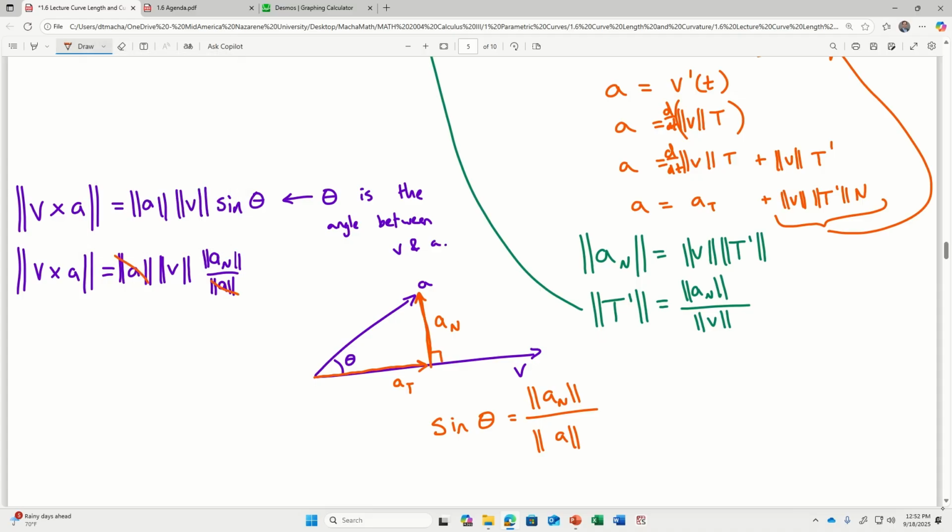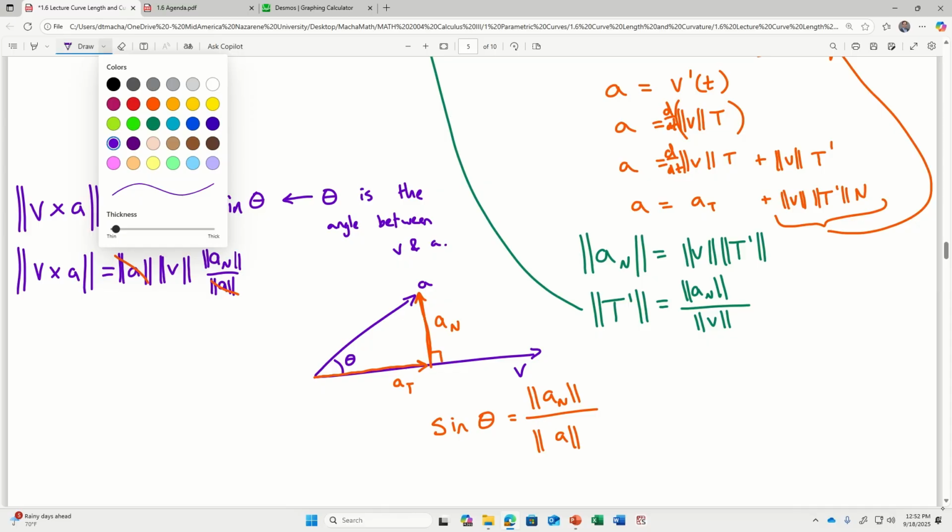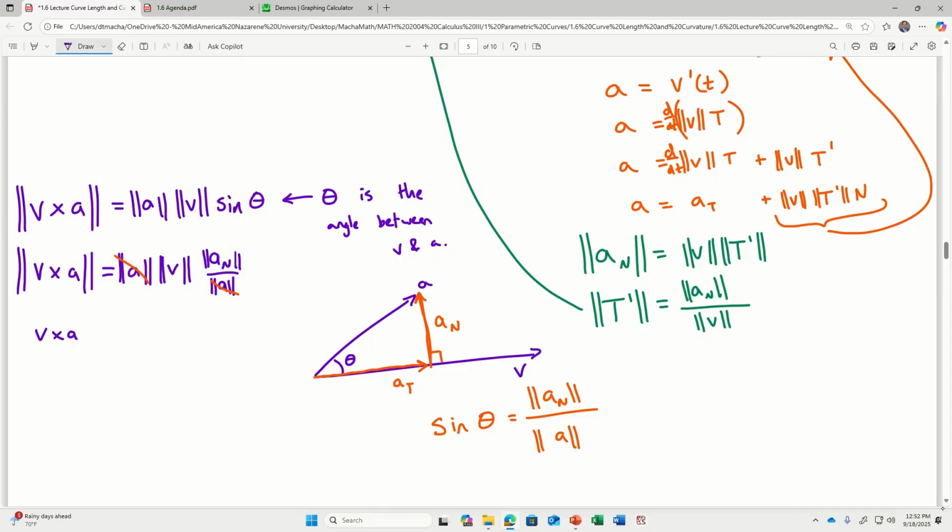Seeing stuff cancel is always a good sign as you work through these. So I've got the norm of V times the normal component of acceleration. That is the same as the norm of the cross product between the velocity and the acceleration. It's kind of interesting.